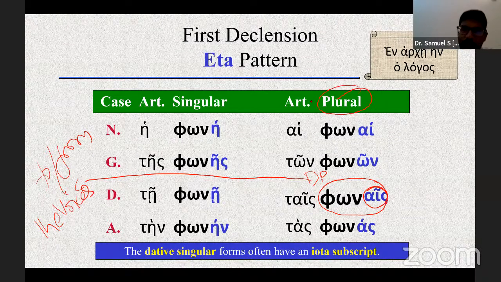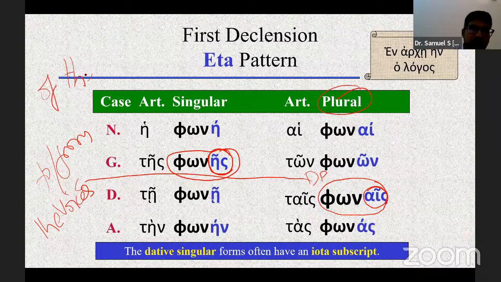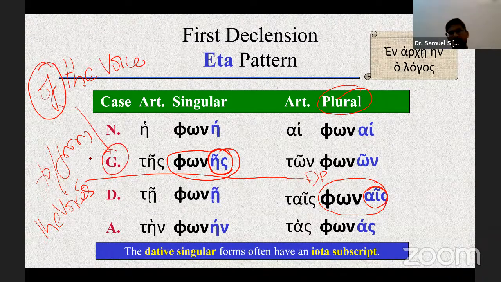Because it's plural. If you ever see es, phones, your mind should immediately recognize that this is the genitive singular ending, and therefore it should be translated of the voice, to denote the possession, genitive.